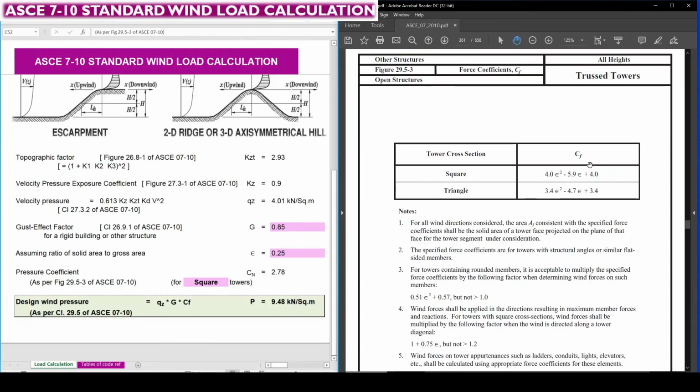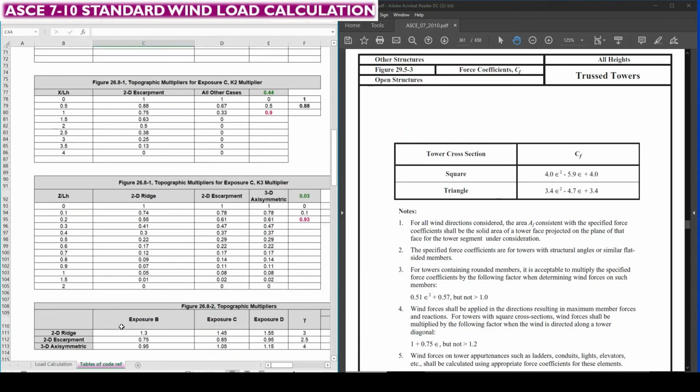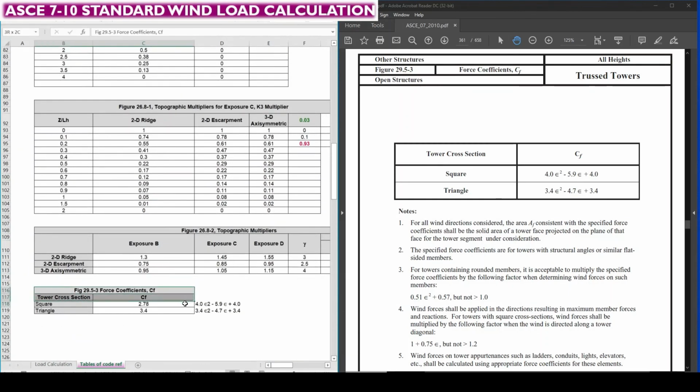To calculate the CF, the formula provided is 4 epsilon squared minus 5.9 epsilon plus 4 for square. Similarly for a triangle also one formula is given. So these formulas are calculated in the Excel sheet here in the table of code reference.